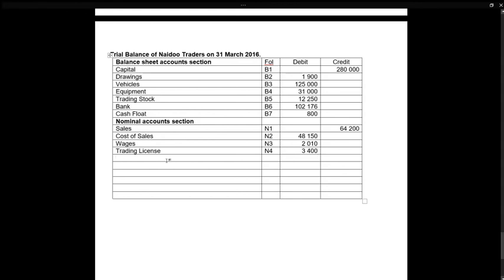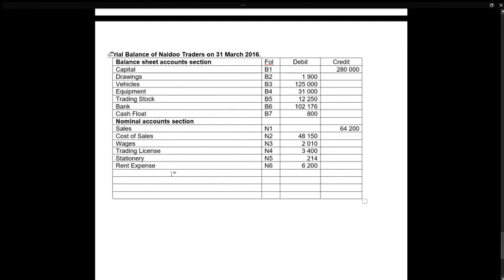After trading license we had stationery, which was N5, to the value of 214 Rand. After stationery we had rent expense, which would have been N6 of 6,200 Rand.